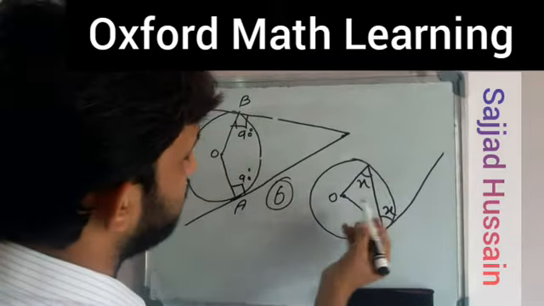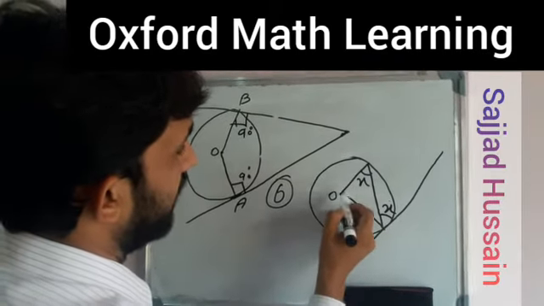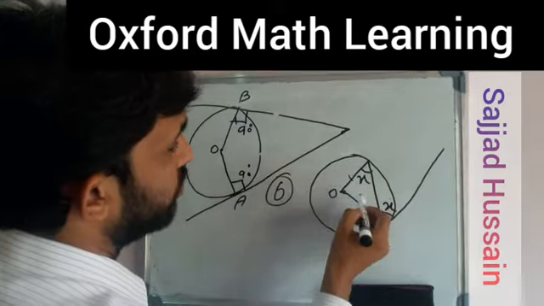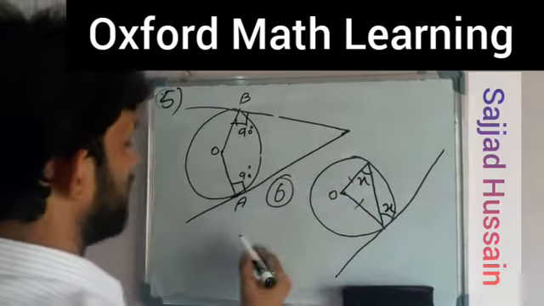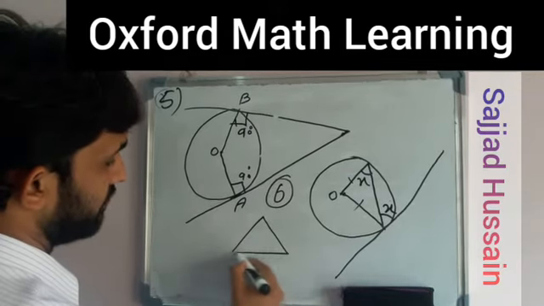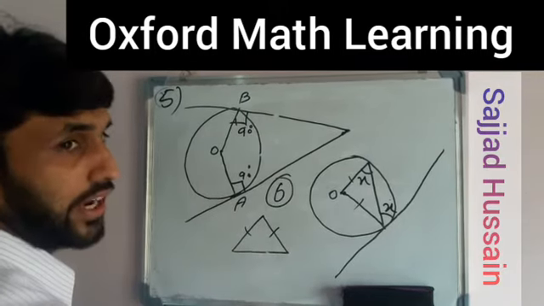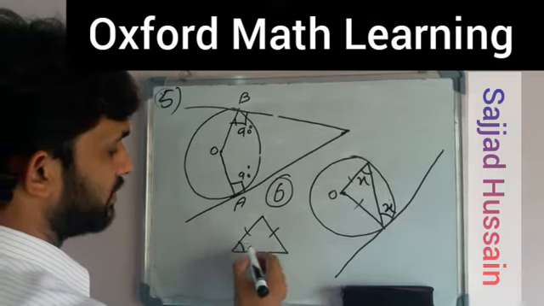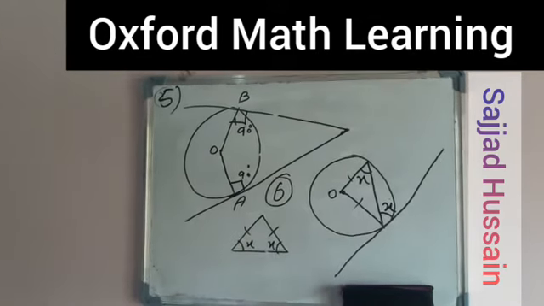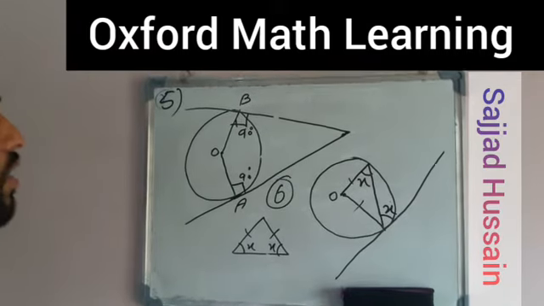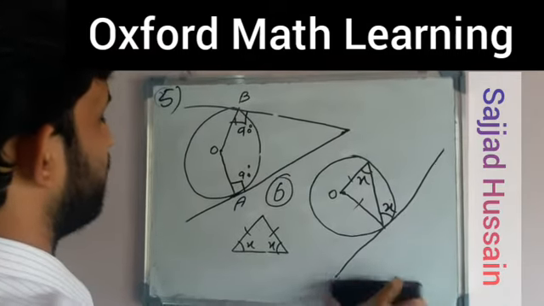And then you can learn that these two are radii, so it is an isosceles triangle. If these two are radii, these lines are the same, which means this angle and this angle will be the same, and the sum of interior angles of a triangle is always 180.